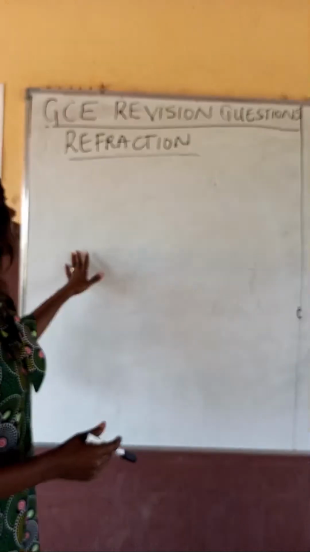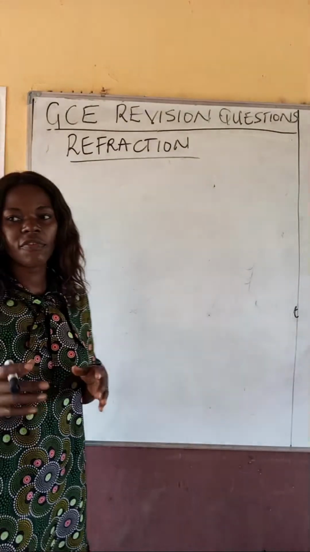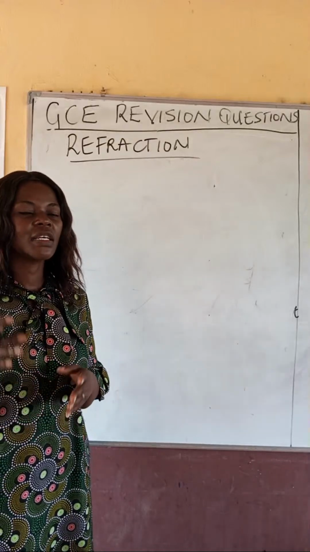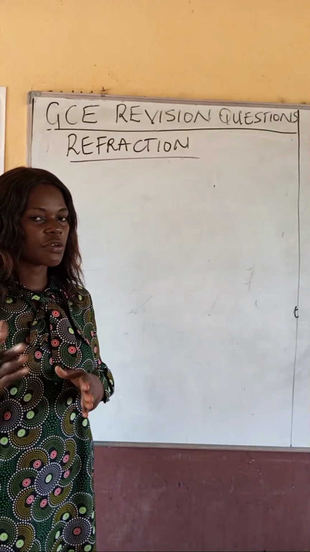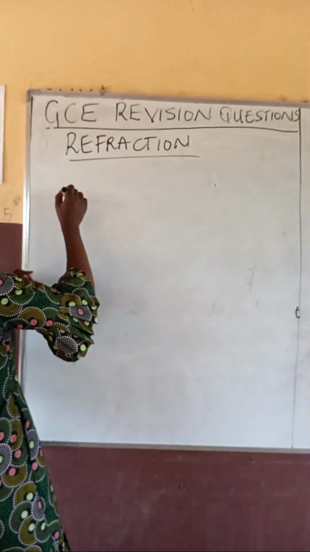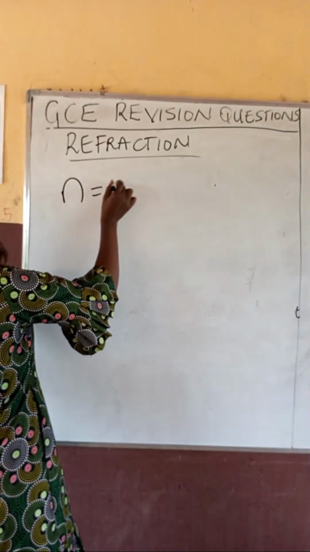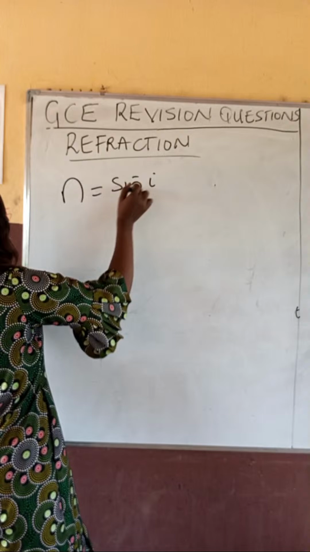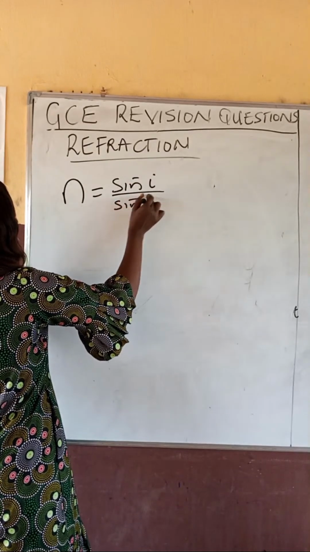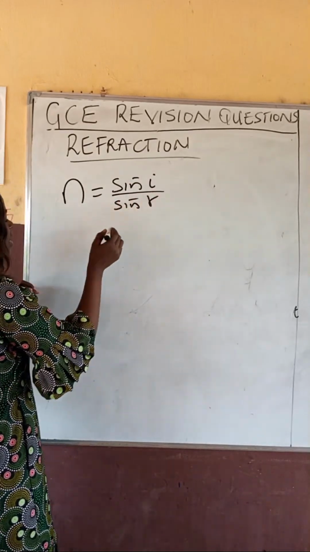All right. So apart from that, we still have other relationships connecting this n, which is the refractive index. So we can say that n is equal to sine I over sine R, okay?